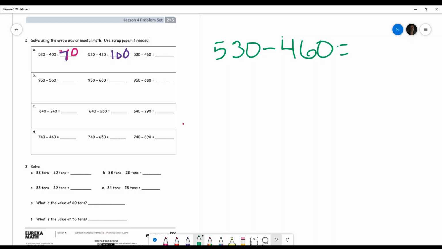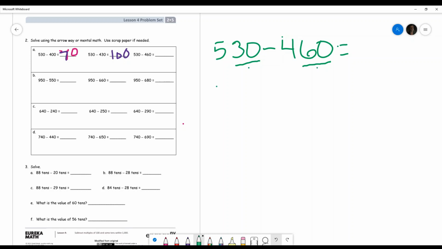So the first thing I'm going to do is look at my tens. So here I have 30 and here I have 60. Can I take 60 away from 30? No, I cannot. So I'm going to break up the 60 into tens. So I have 3 tens here and I have 6 tens here.